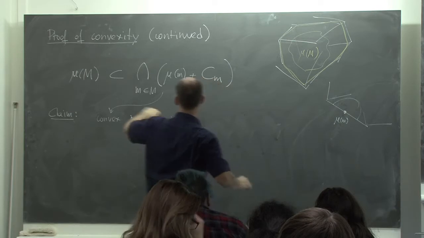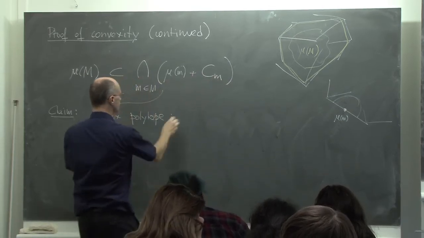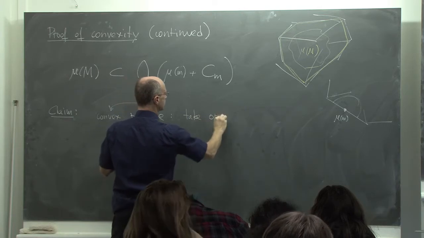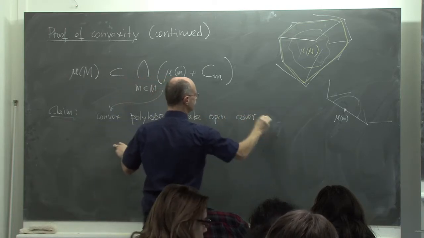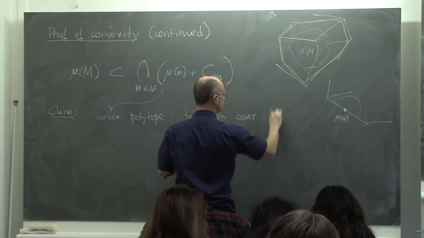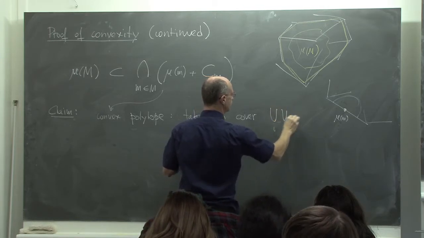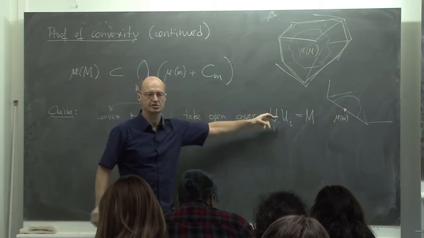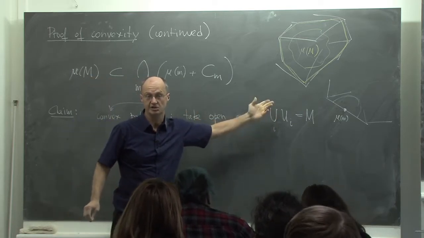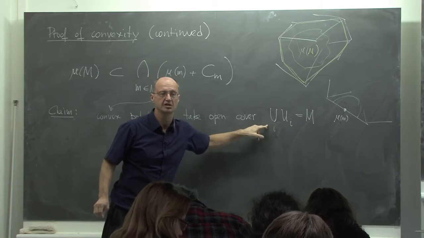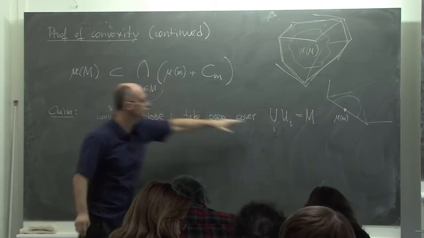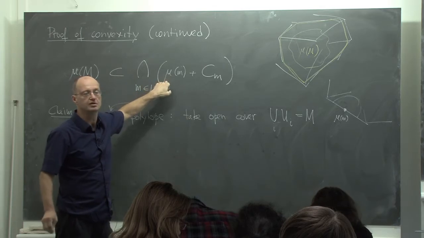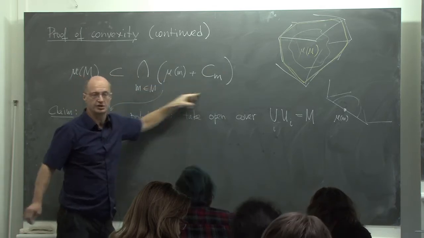So this means that here you can take an open cover, so the union of the U_i's is equal to M, and then of course we can choose a finite cover, since it's compact, and in each of the covering sets it's sufficient to choose one of those sets.